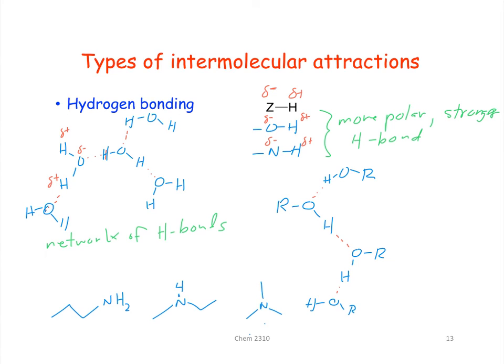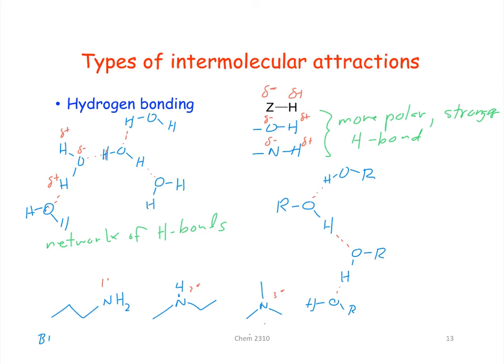All right, so again, let's just remind ourselves this is a primary amine, this is a secondary, this is a tertiary. Which of these do you think would have the highest boiling point? So which would have the highest intermolecular attractions? All right, well, let's look at the boiling points.